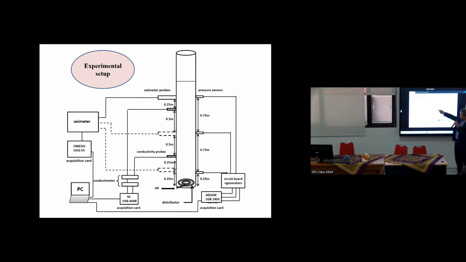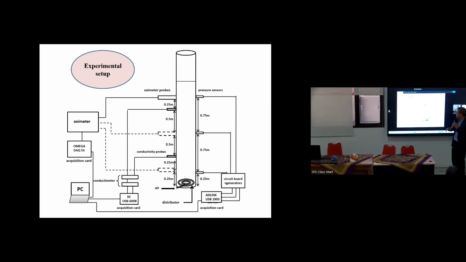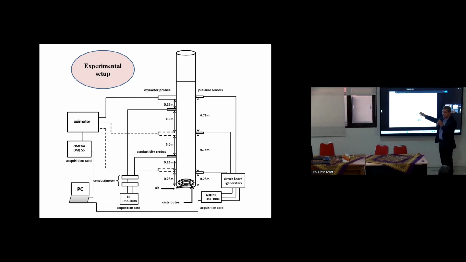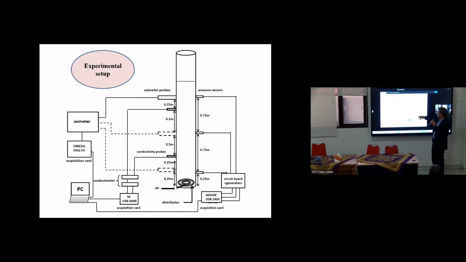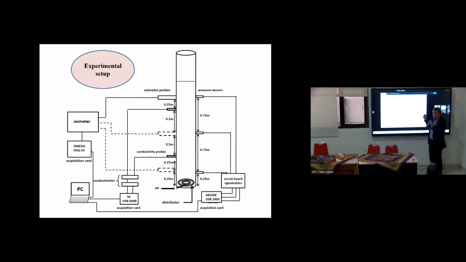I have to measure the mass transfer of oxygen into the liquid in this region and in this region. So I have 7 probes with an acquisition system, and I can see everything on the laptop. I can see the pressure and conductivity signals at the same time, and I can measure the presence of oxygen in the liquid and the quantity of gas in the liquid at the same time.